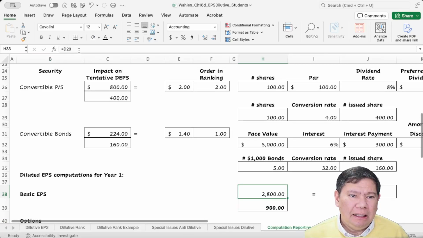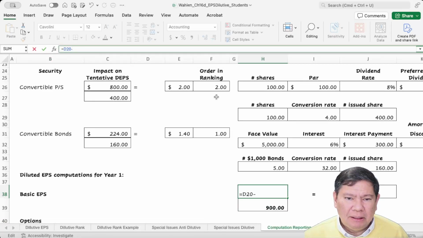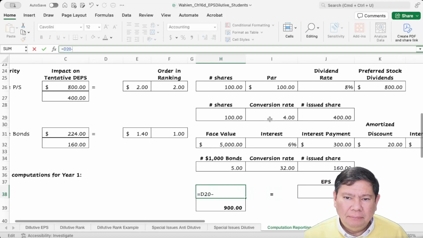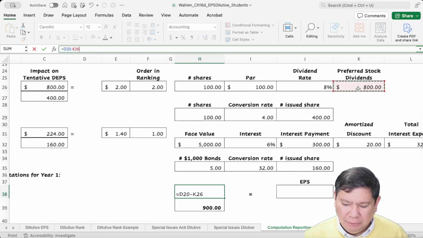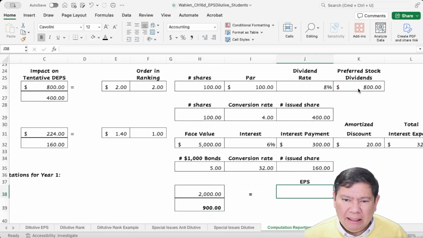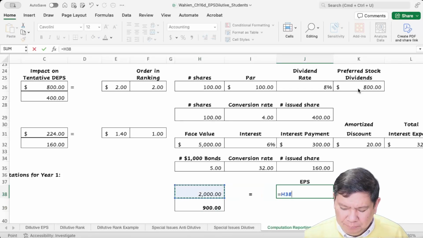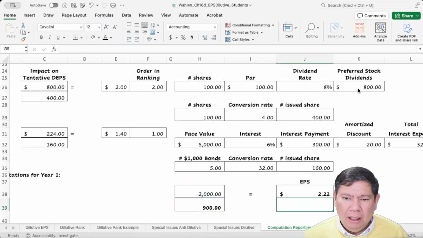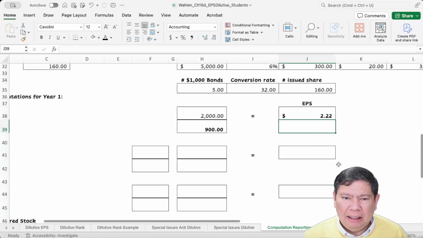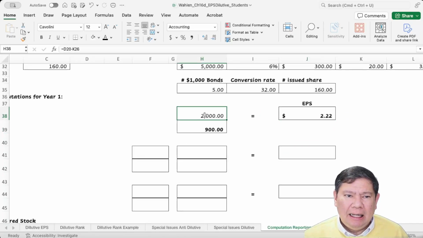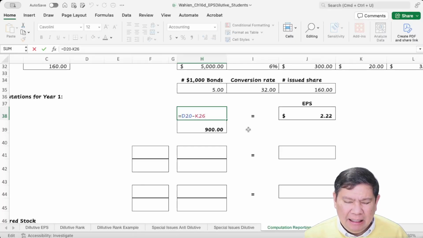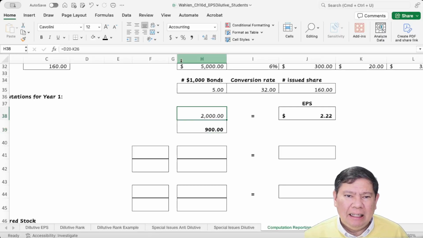We have to deduct the preferred stock dividend to calculate the basic earnings per share. So the earnings per share is $2.22. Net income minus the preferred stock dividend, divided by the outstanding shares.